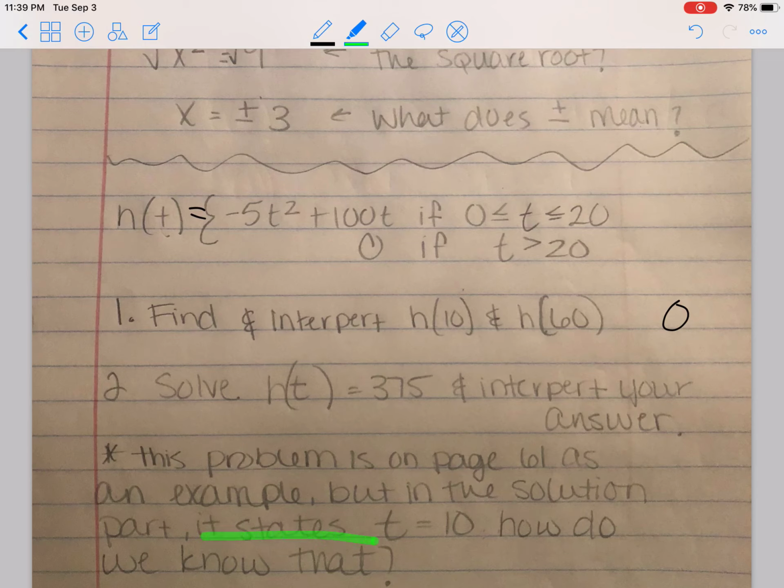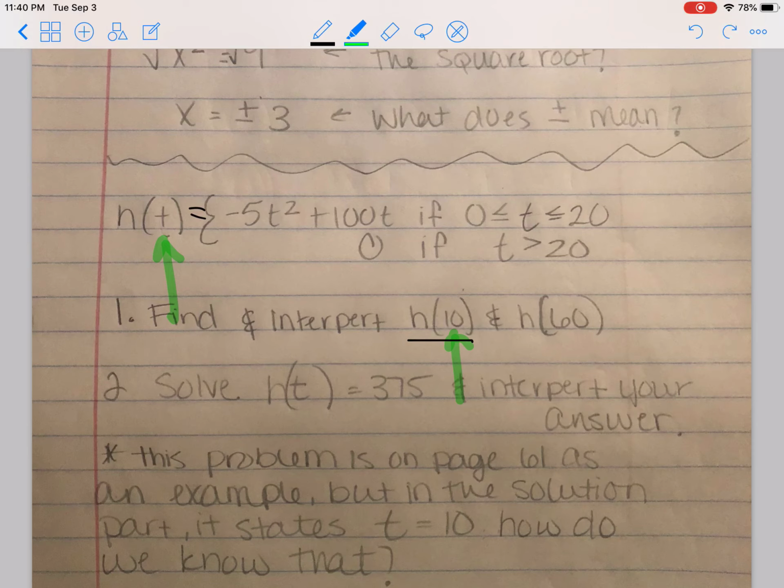And then your first question here says, in the solution part it states that t equals 10. How do we know that? I'm going to assume that this part right here comes from answering the first question right here. If you look at this expression here, that's h of 10. If I point to what's inside, that's h of 10, and then I go back to what h is defined as, h of t is equal to either this or that.